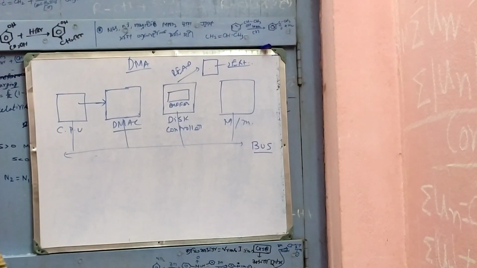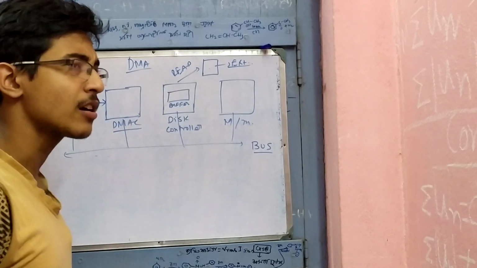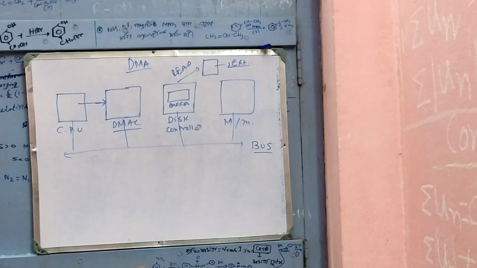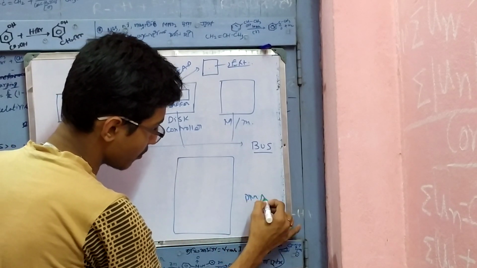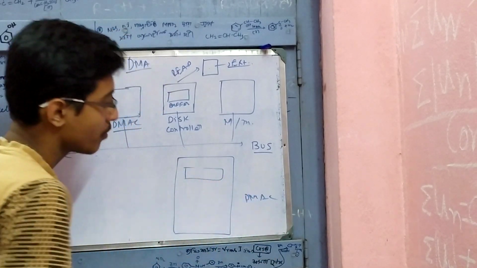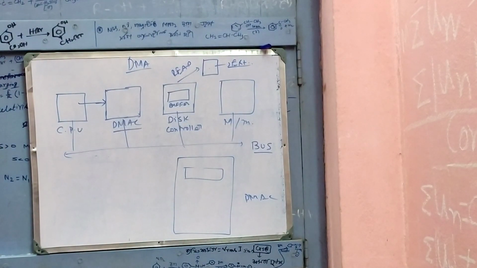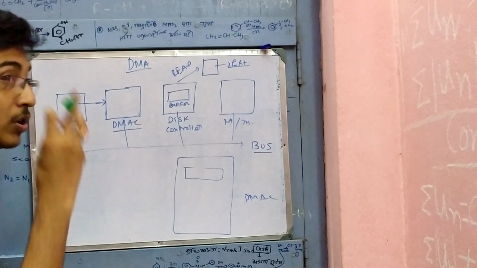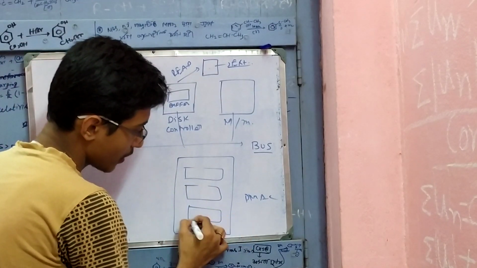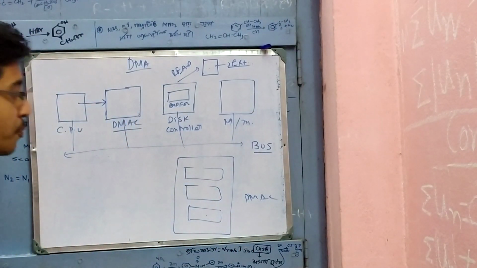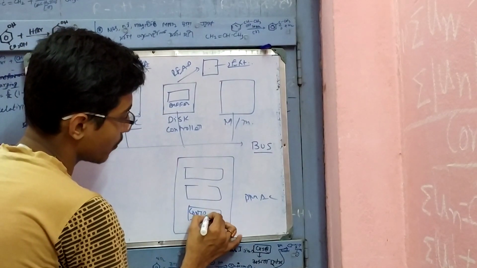Fine. Now, what is the internal structure of the DMAC? The internal structure looks like this. There are many types of registers, but we now consider only 3 types. This is a register named control signal.